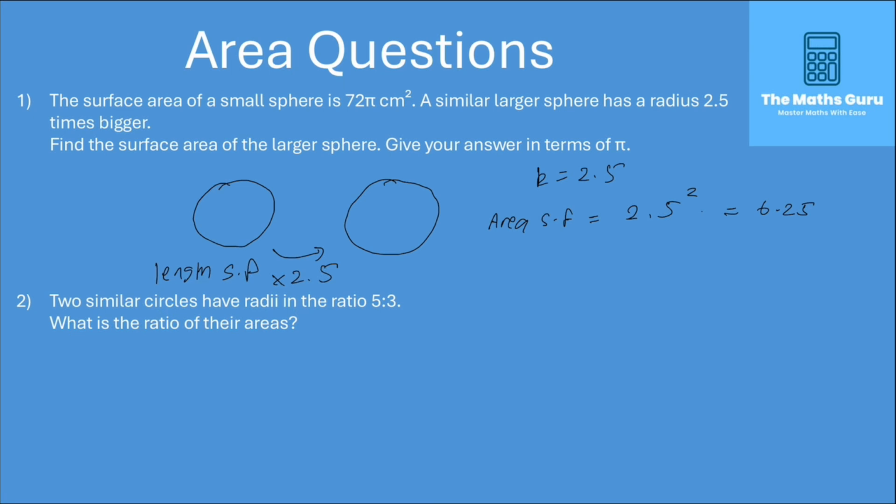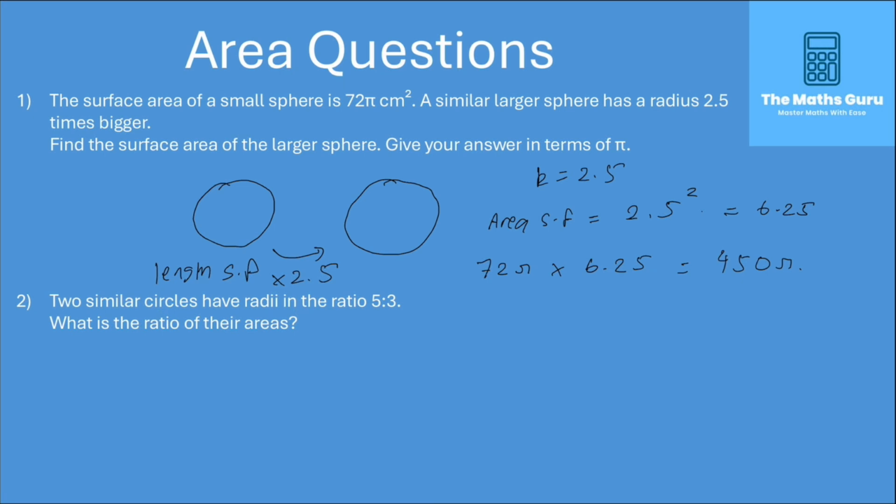So we do our small surface area of 72 pi times by 6.25. And this is going to get us an answer of, wait, no, let's put this in properly. We're going to get an answer of 450 pi. And that is the area of our larger sphere.